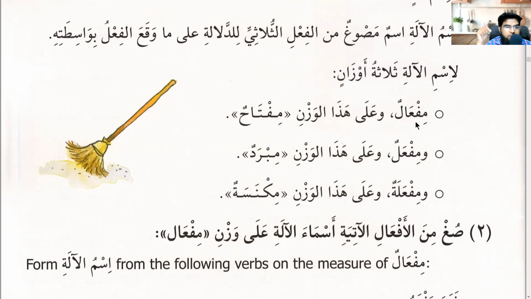Here, everything is mif. Remember in the previous session we did sajada yasjudu masjid. No, that's a bad example because that is an exception. But anything which is bab fataha or nasara, it'll be maf'al pattern.